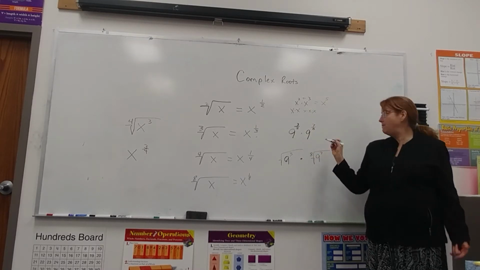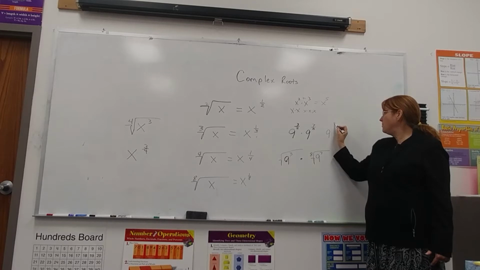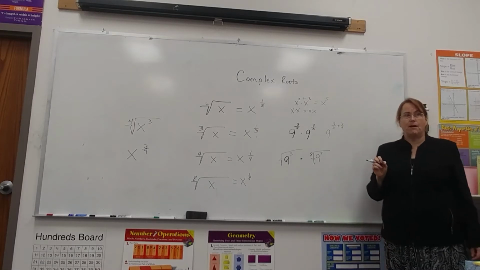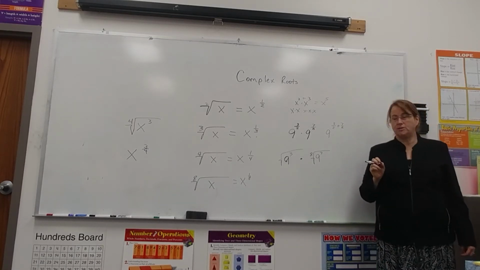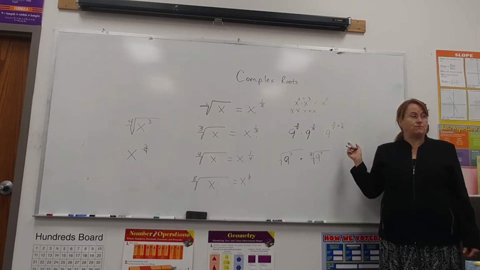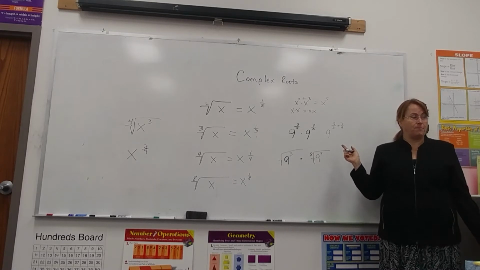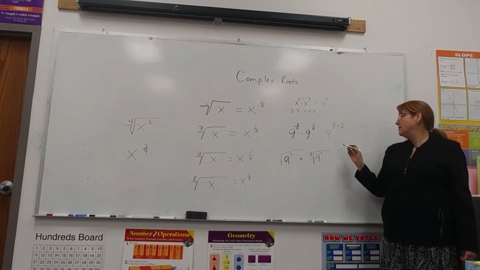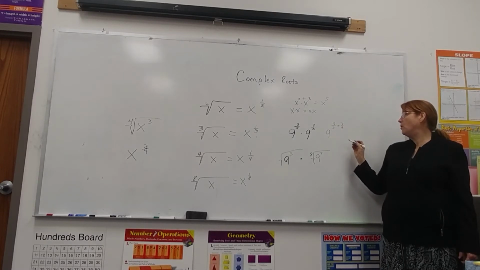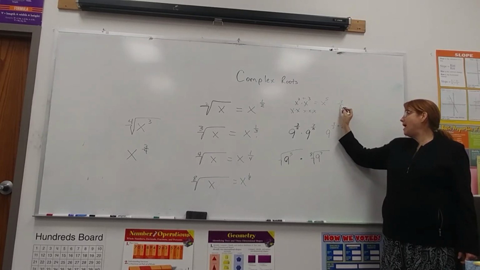So you're going to do that. 9 to the 3/2 plus 7/8. Now, when I tell you there are no fractions on this test, I mean there probably are some fractions on this test, but this is a fraction question. You're adding fractions. So you do have to understand how to find common bottoms in this case. You can certainly use your calculator, or you can just go, okay, I have 3/2, and I have 7/8.